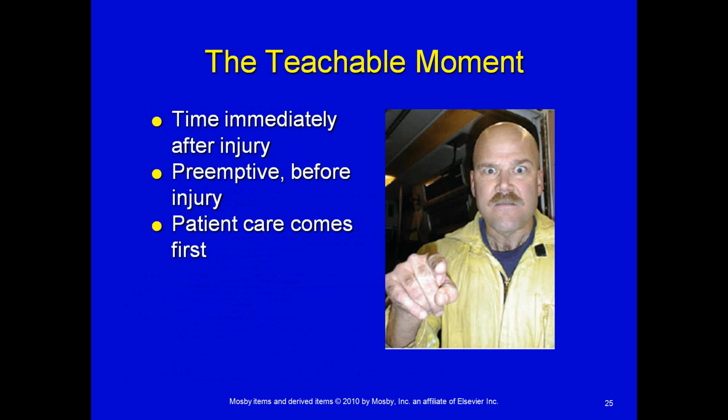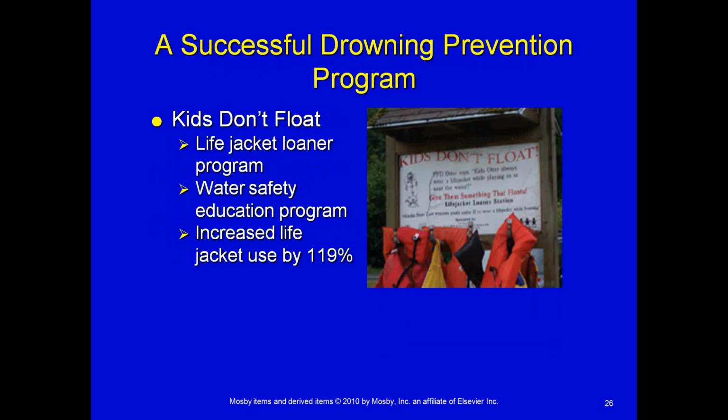Because at that point in time, they may view your attempt to educate them on how this could have been prevented as demeaning or patronizing, as if you're better than they are, those sort of things. And so it may not work at that time.